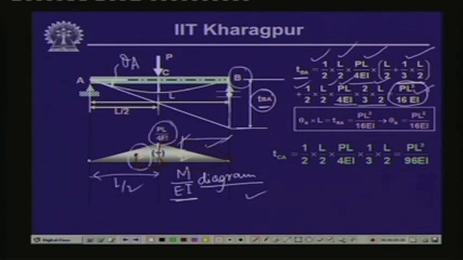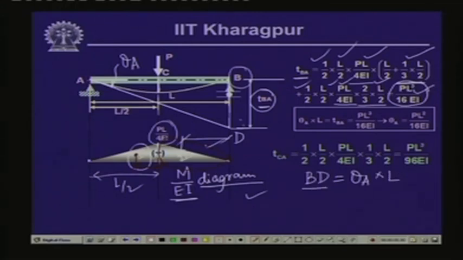Also, if you look into this particular diagram, AB, let us call this point D. From this triangular part ABD, we can write that the distance BD equals the slope theta A multiplied by the length.